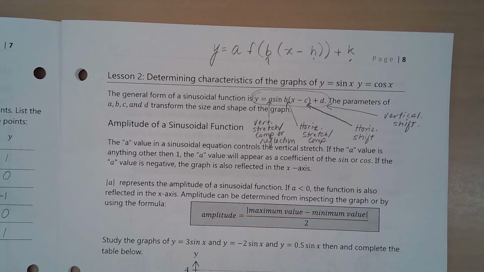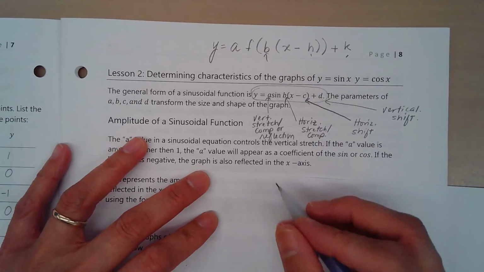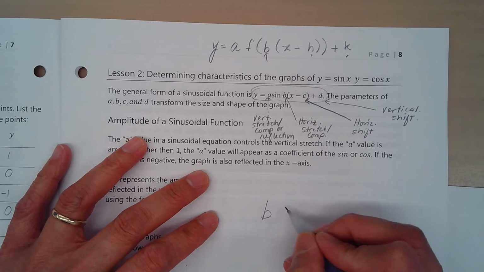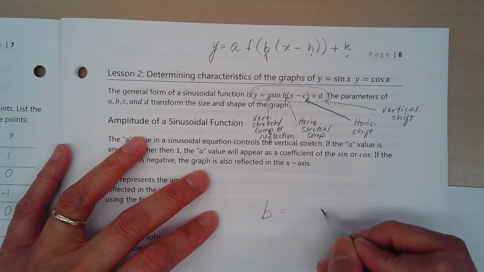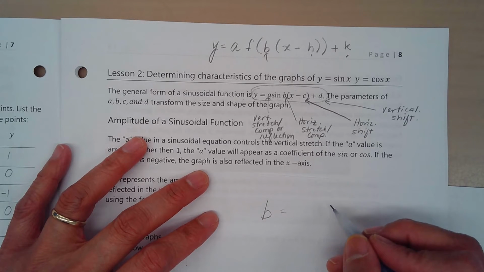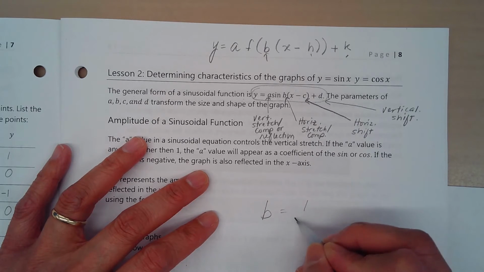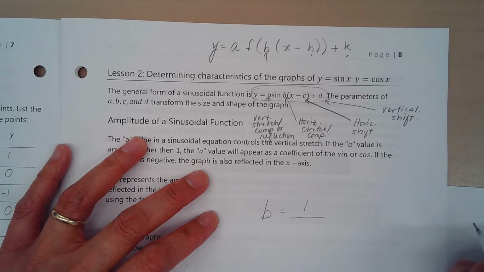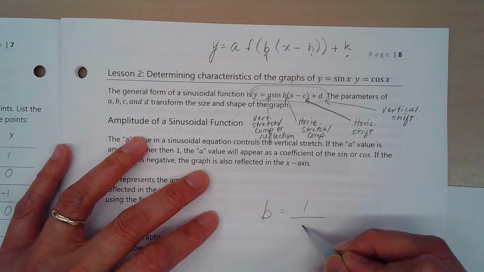Is B still going to be like the factor of? Yes, it is. You know how B is equal to 1 over the factor?